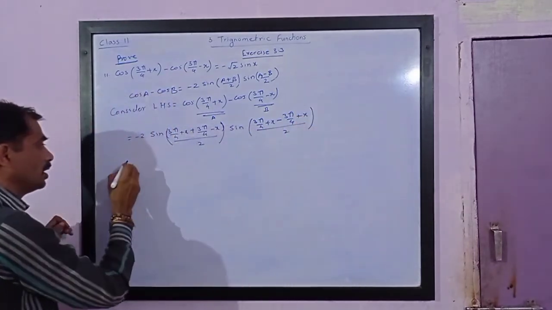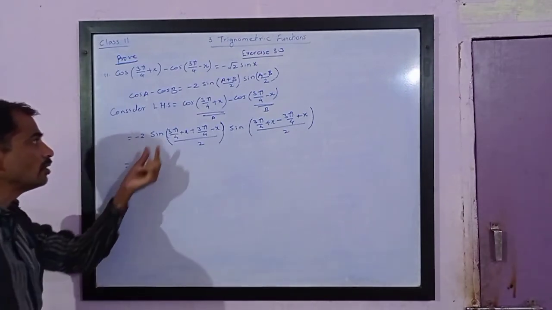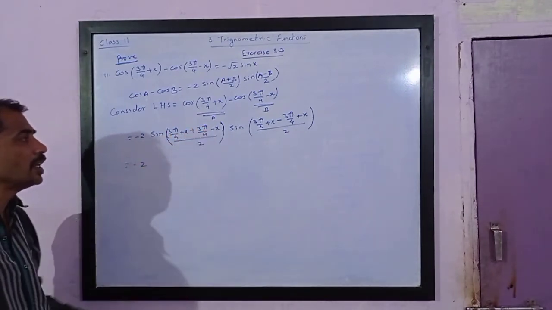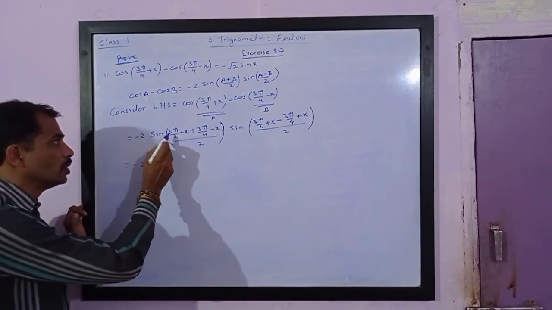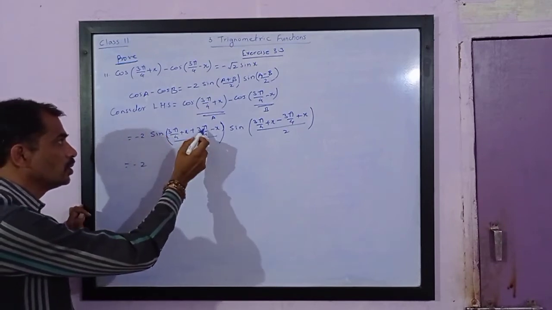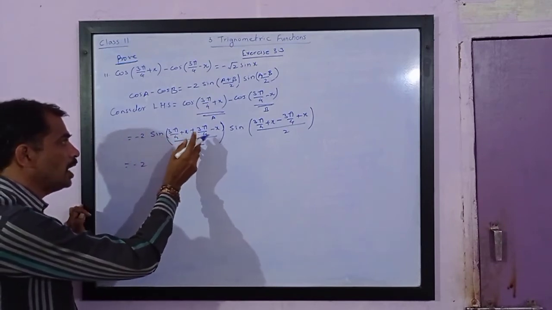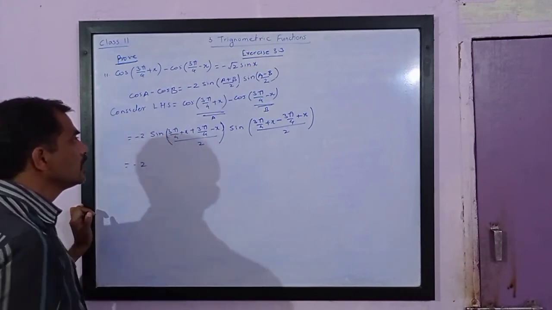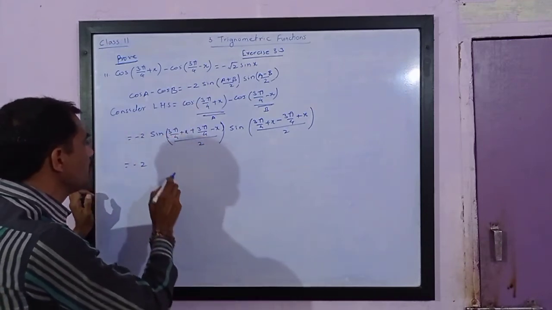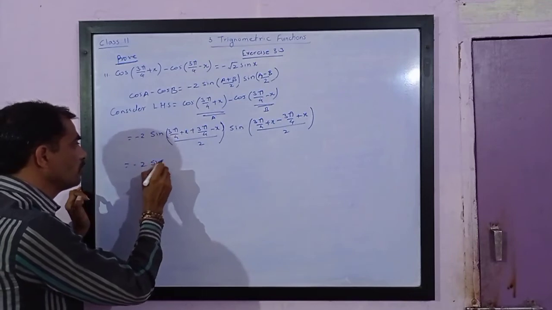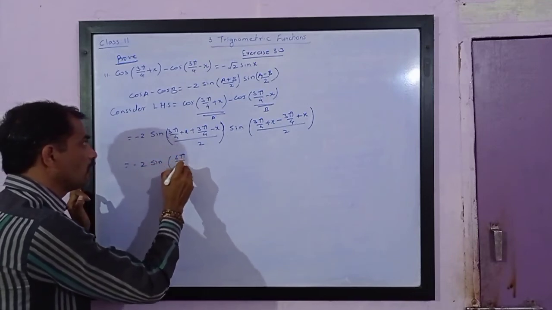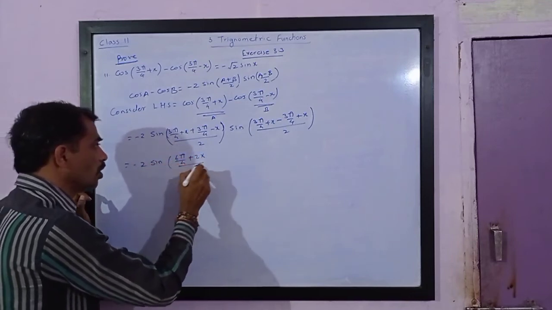Now let us add the angles. This is equal to minus 2 times sine of. Now 3 pi upon 4 plus 3 pi upon 4 is equal to 6 pi upon 4, so we get sine of (6 pi upon 4 plus 2x) upon 2.